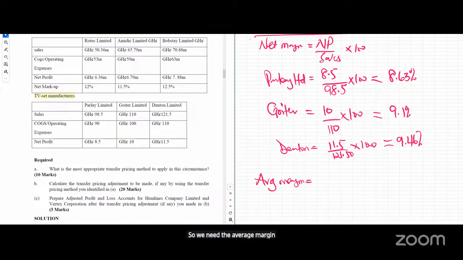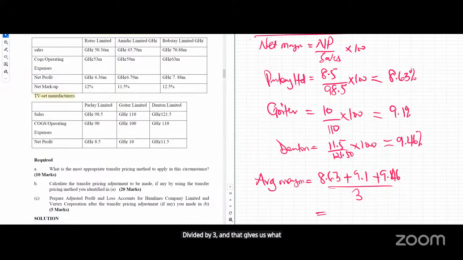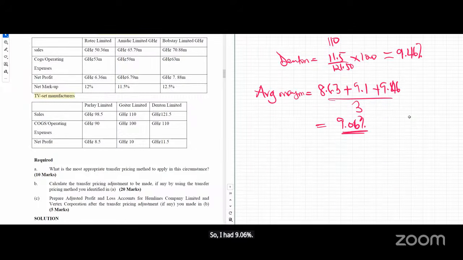So the average margin now becomes 8.63 plus 9.1 plus 9.46, divided by 3. And that gives us 9.06%. Yes. So now that I've gotten 9.06, what becomes the routine profit?